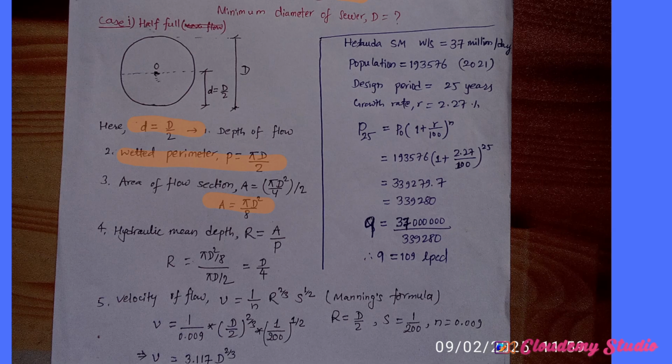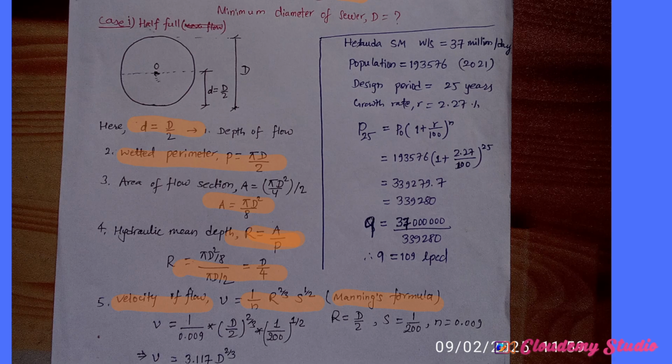Then hydraulic mean depth, R equals area divided by perimeter, comes to be d by 4. And the velocity of flow is given by Manning's formula, V equals 1 upon n, R to the power 2 by 3, S to the power 1 by 2.